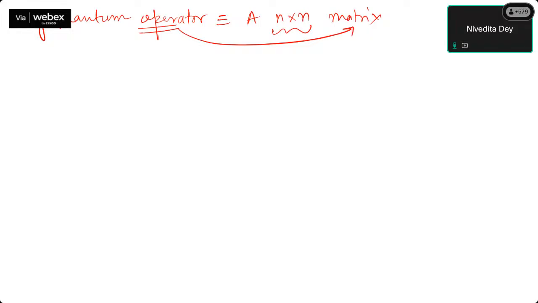When we look into quantum gates, we will understand it in even more detail. Quantum gates are nothing but quantum operators. So any quantum gate is basically a matrix because of the outer product form.